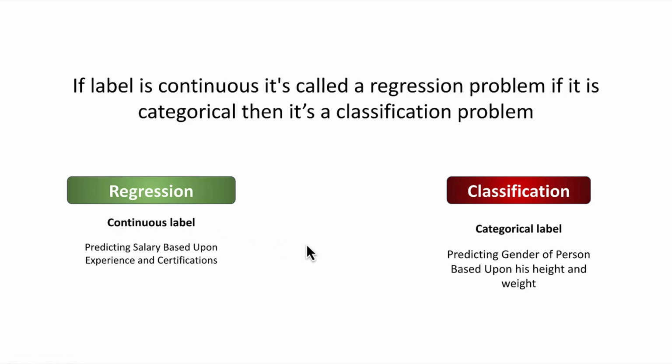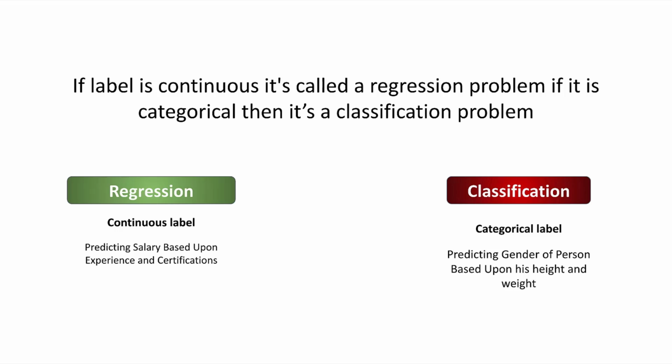On the other hand, if we are predicting the gender of a person based upon his height and weight, then we are predicting a categorical value because gender can be either male or female. So this problem is called classification. In simple words, in supervised machine learning, if we are predicting a continuous value, then we are dealing with a regression problem, and if we are predicting a categorical value, then it is a classification problem.